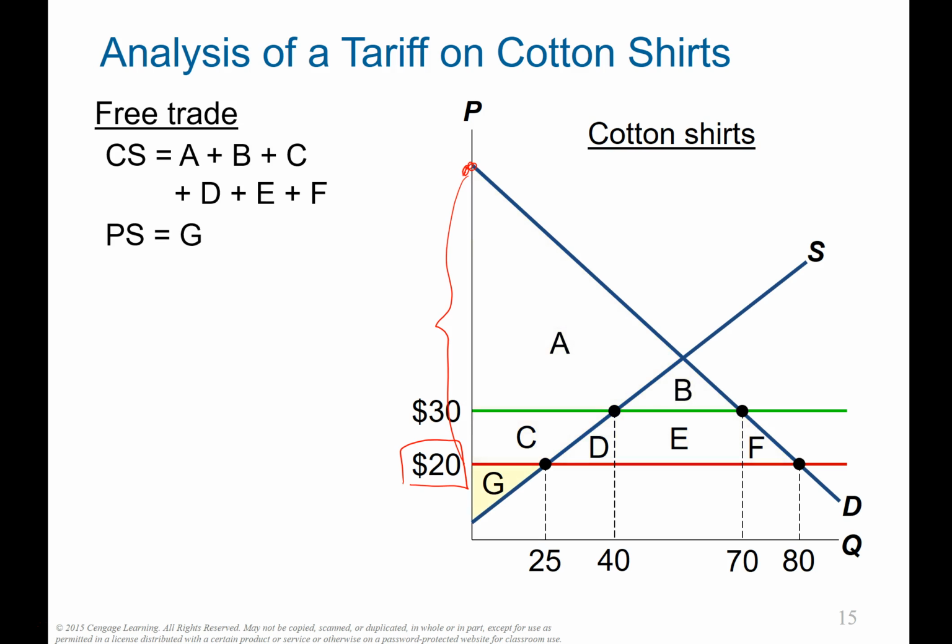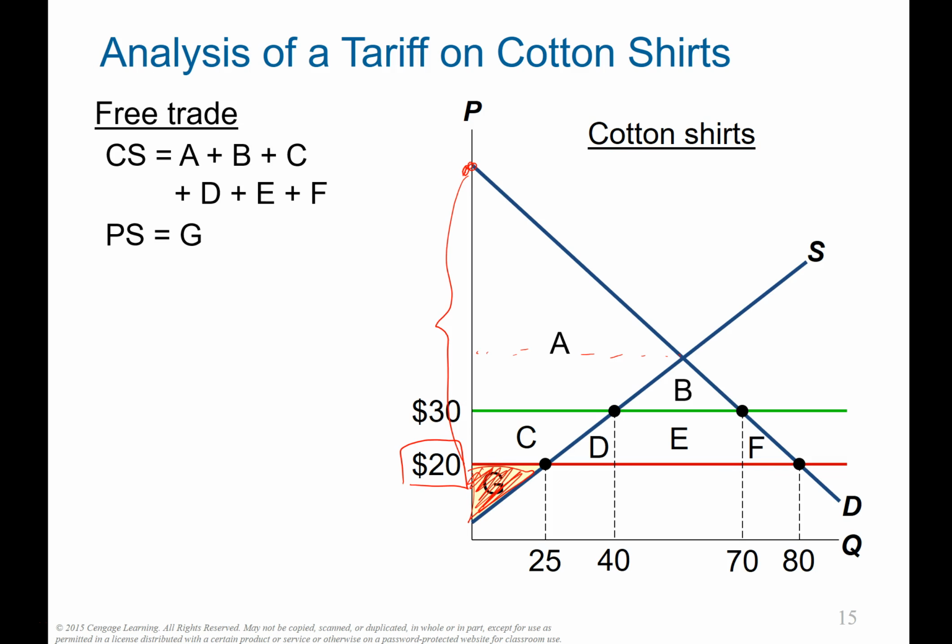Now the producer surplus with free trade is just this area G, because the producers, as we mentioned before, are hurt by this lower world price compared to their previous domestic price. And we don't know what that is, but we know that it was much higher than the world price. So the producer surplus is this small area, and the producers don't like this, as you can imagine.